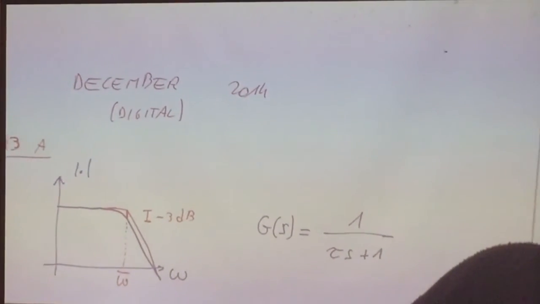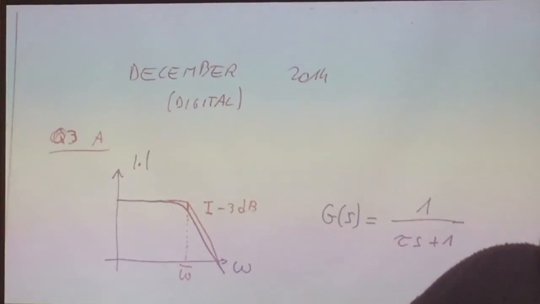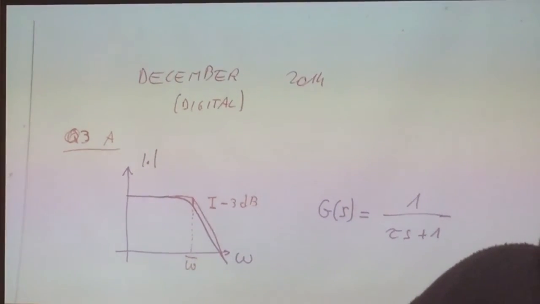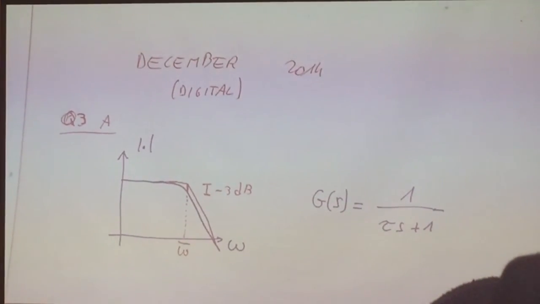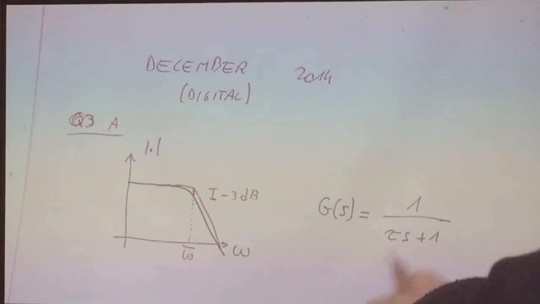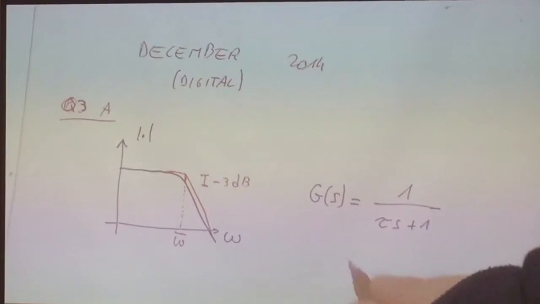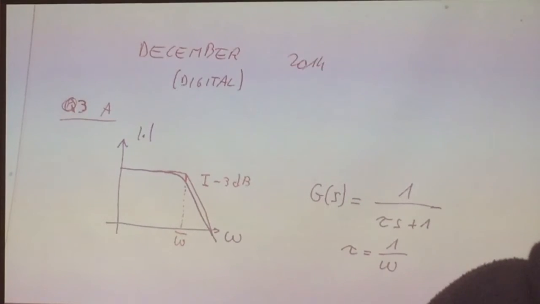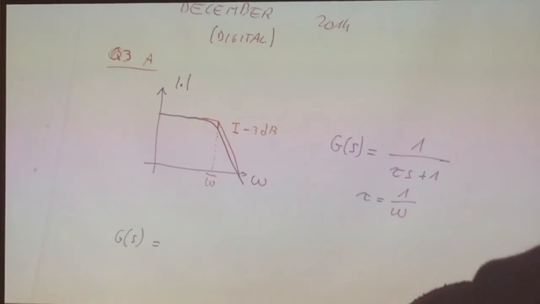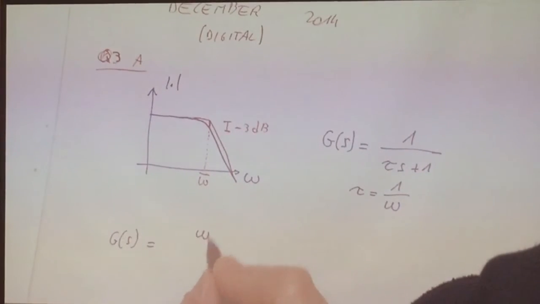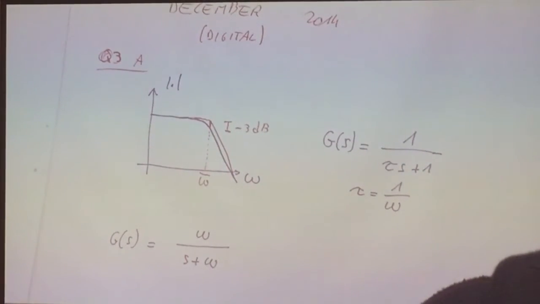Usually the start solves 99% of the problem. Alright, so that's the typical form of the transfer function of a first order low pass filter. Tau is the time constant and is related to the frequency as tau is equal to 1 over omega. So the transfer function, if you want to write it as a function of omega, can be written as omega over s plus omega.